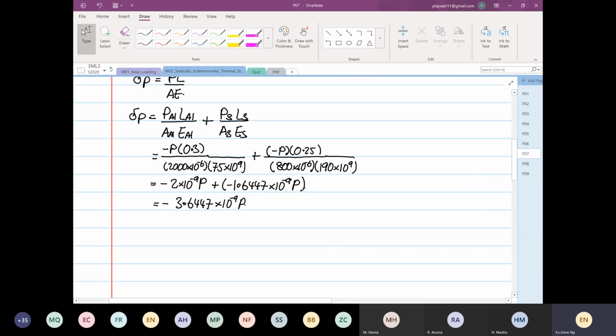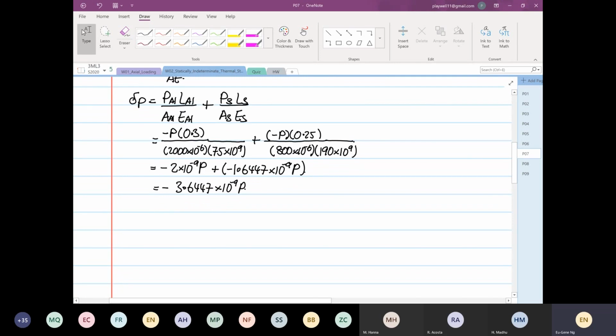Okay, so we apply the last equation where delta T plus delta P is equal to 0. So it is equal to 0.847 times 10 to the power minus 3 plus minus 3.6447 times 10 to the power minus 9P is equal to 0.